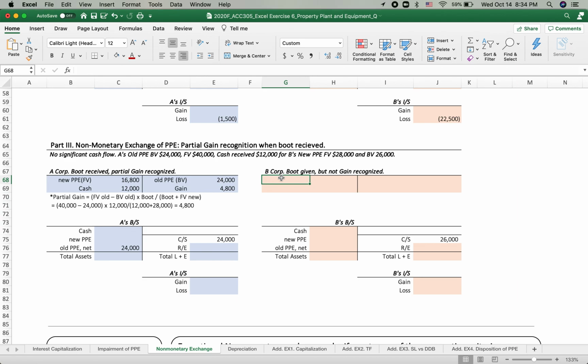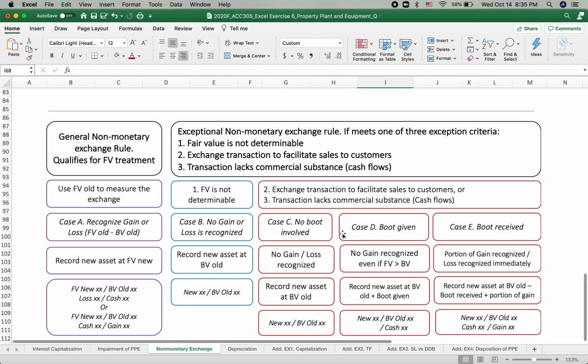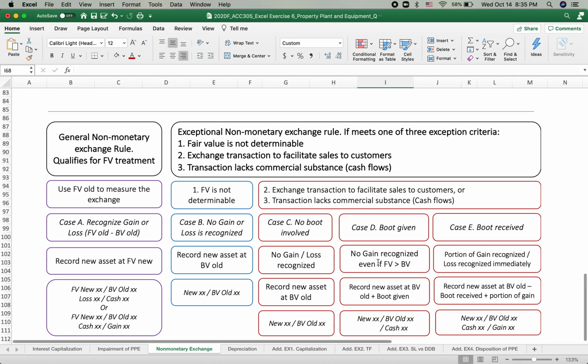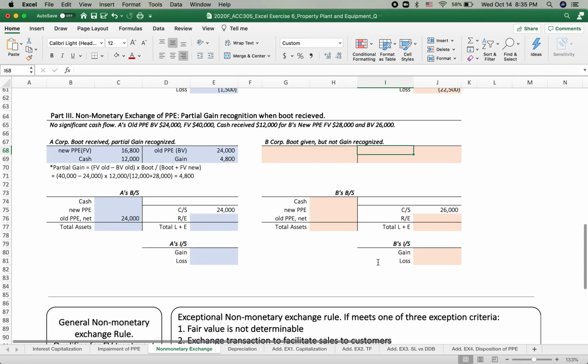Finally, the B corporation: boot given, but no gain recognized. That is the boot given case. Here, case D, no gain recognized, and the company may record a gain if it has some gain. So let me show you.